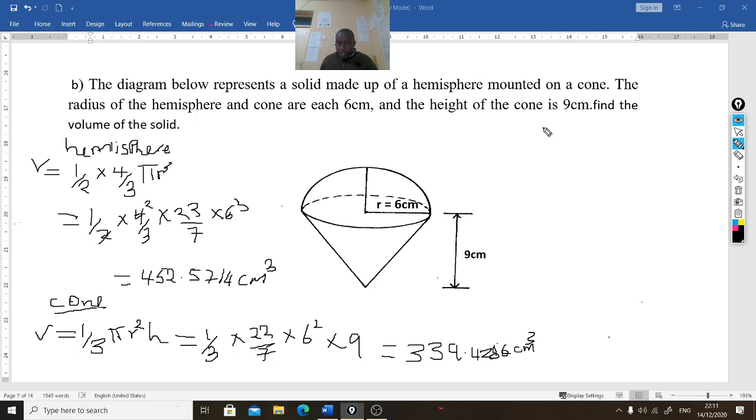So after you get that, you've got the volume of the cone and the volume of the hemisphere. You add the two to get the volume of the solid.